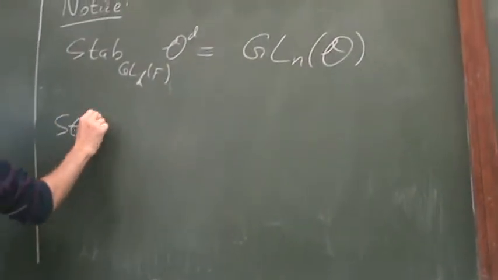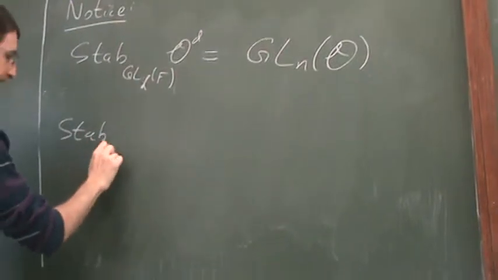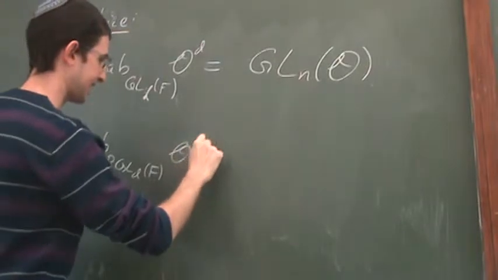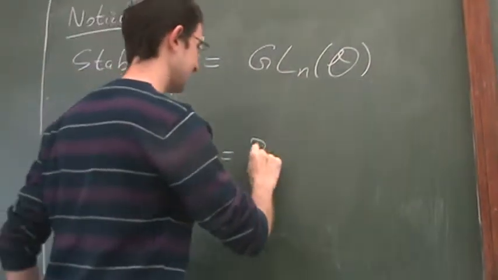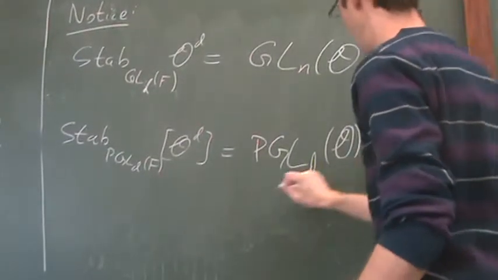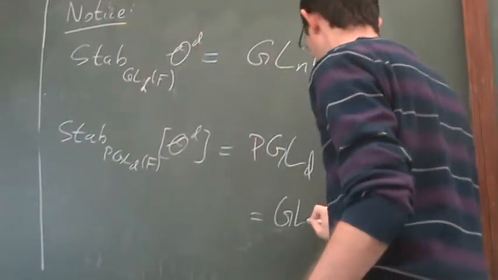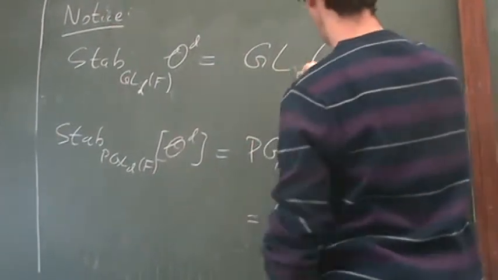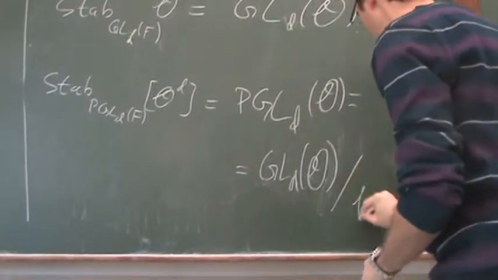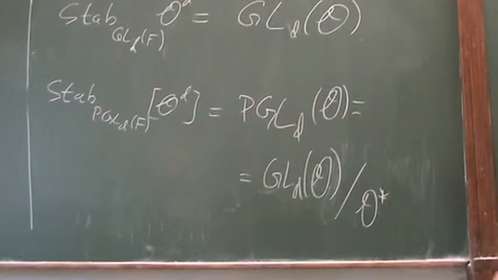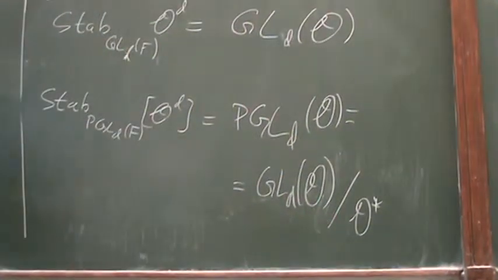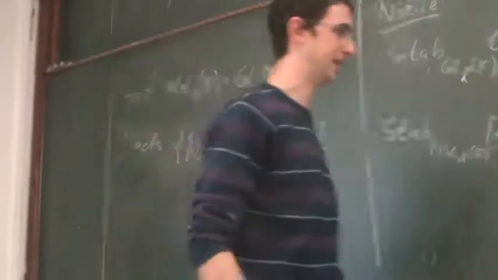And the stabilizer inside PGLd(F) of the equivalence class of O to the d is, no wonder, PGLd(O), which is just GLd(O) over O star, which naturally embeds in PGLd(F) in the obvious way.